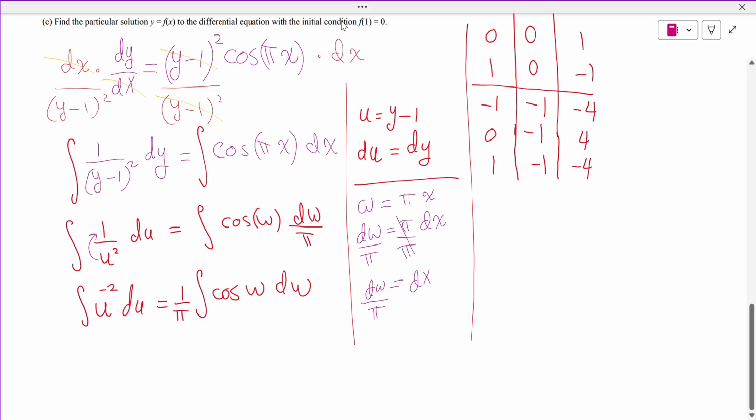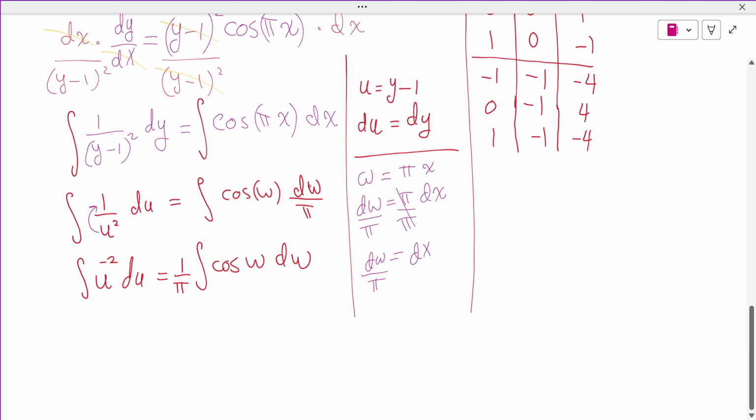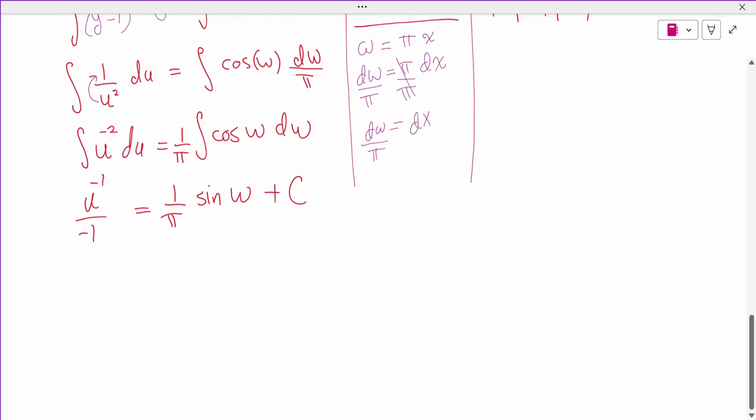We can now apply the power rule on the left hand side, which gives u to the power of minus 1 over minus 1 equals 1 over pi times sine of w plus c. Now we can get this one down because the power is negative.